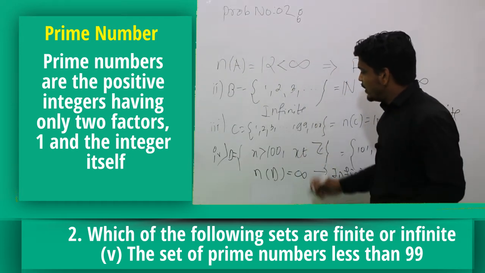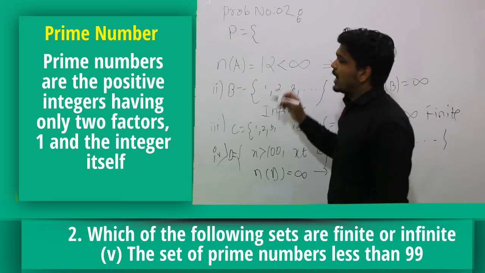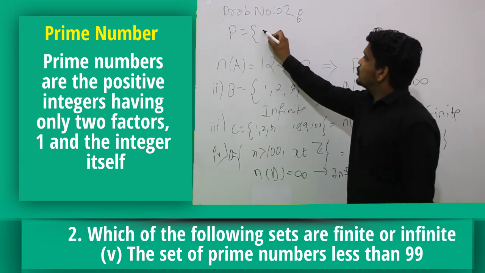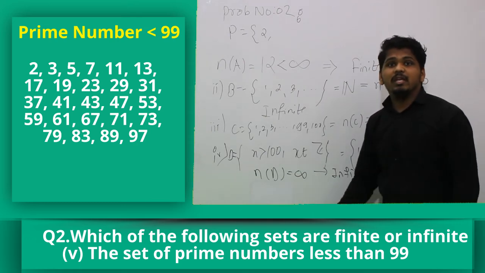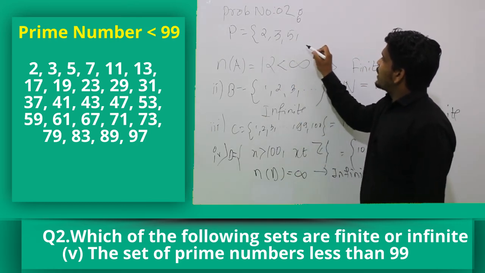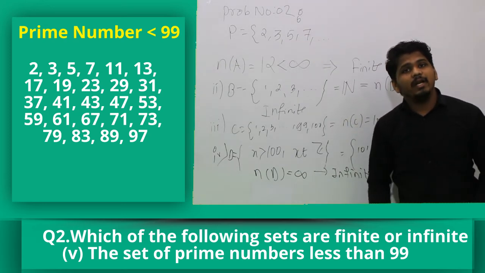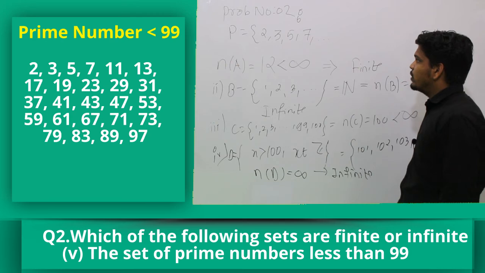Now we will see how many prime numbers are there between 1 and 99. I will dictate here: 2 is the only even prime number, 3 is a prime number, 5 is a prime number, 7 is a prime number, and so on. You want to go up to 99 only. Okay, you have some restriction on your set.